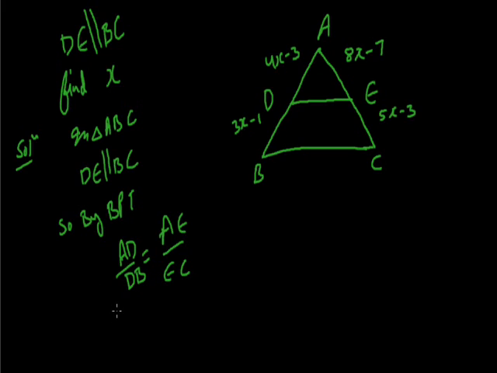Now we simply put the values: the value of AD is 4x minus 3 and the value of BD is 3x minus 1. The value of AE is 8x minus 7. The value of EC is 5x minus 3.